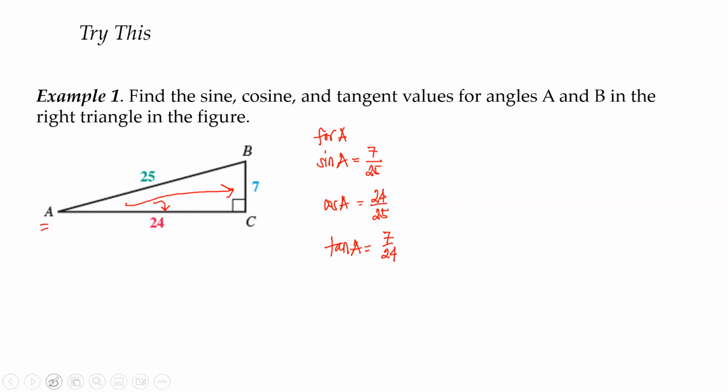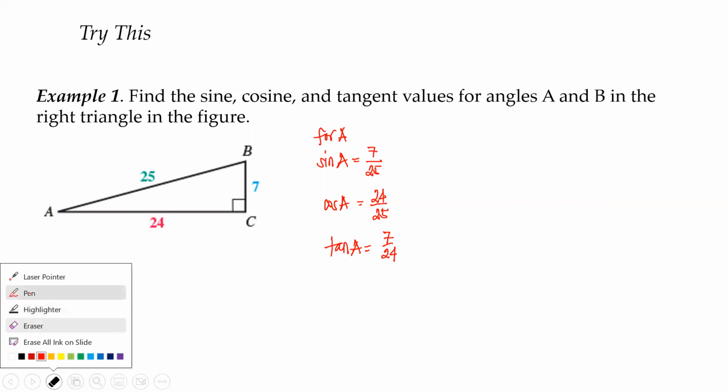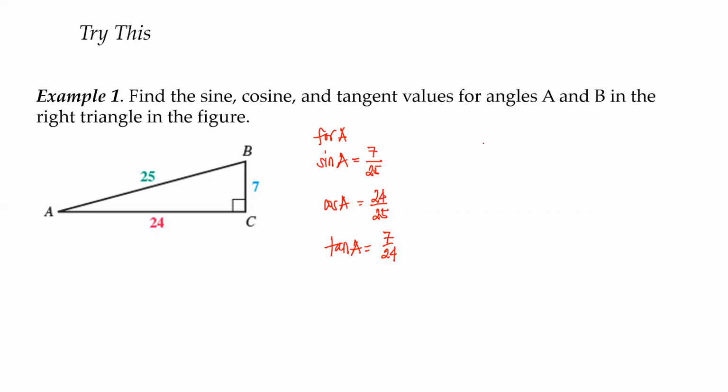Next, for our letter B. For B, sine B, opposite to B. If this is B here, opposite to B is 24. And hypotenuse is still 25 because the hypotenuse is the longer side.